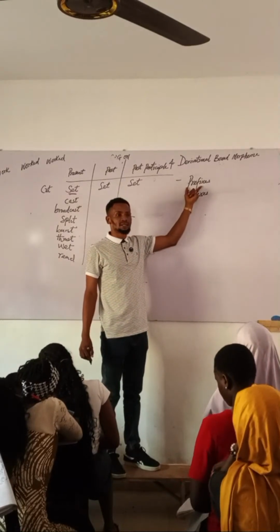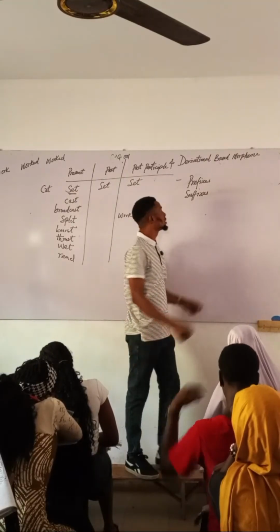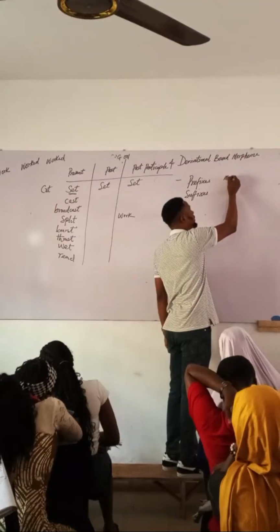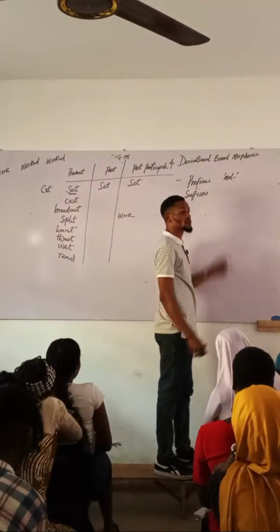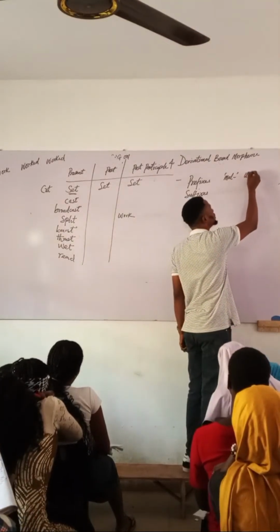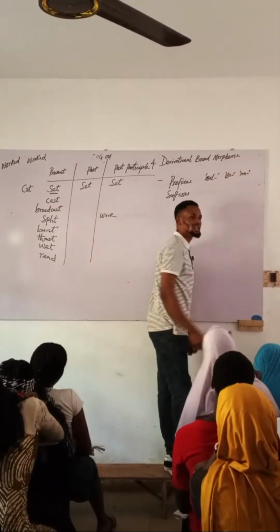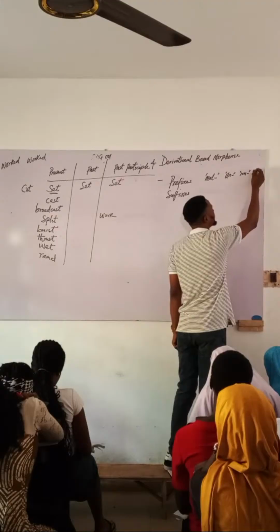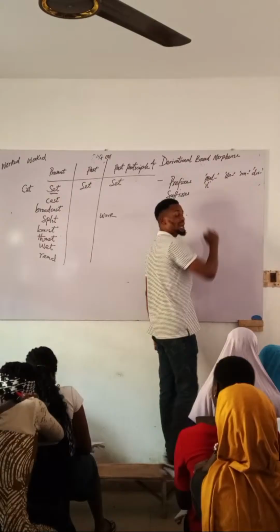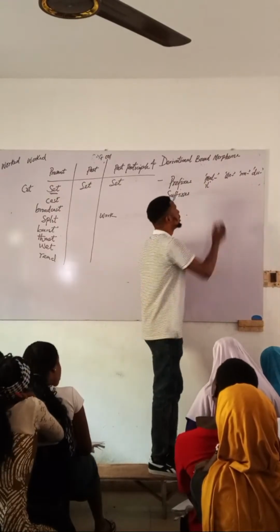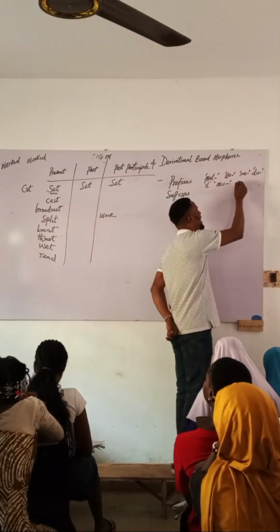When they are prefixes, they come before the word, they come before the base. For instance, the prefix mal, you can have un, you can have in, you can have il. What other one? You can have mis, you can have ir.